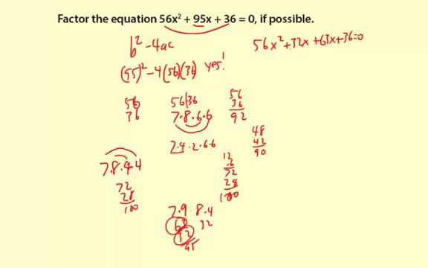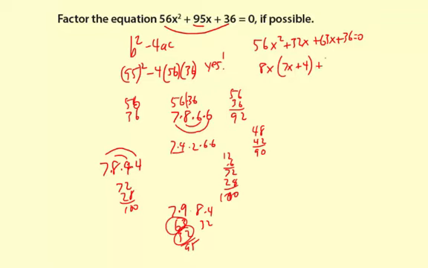Okay, so there are our middle terms, 32x and 63x. Common factor for the first two terms, let's take a look. It looks like an 8x, because 7 times 8 makes 56, and 8 times 4 makes 32. That leaves 7x plus 4.